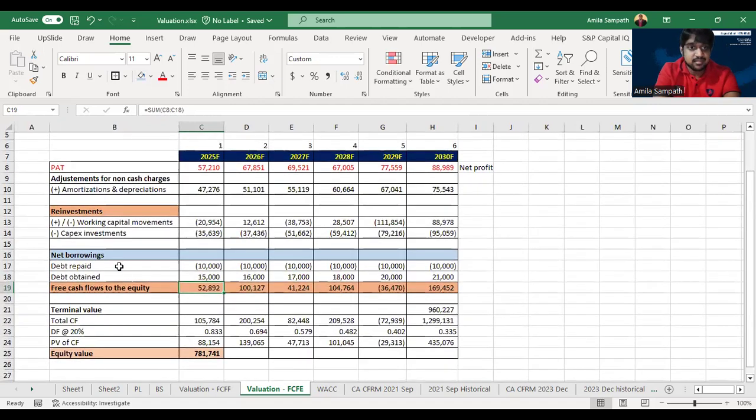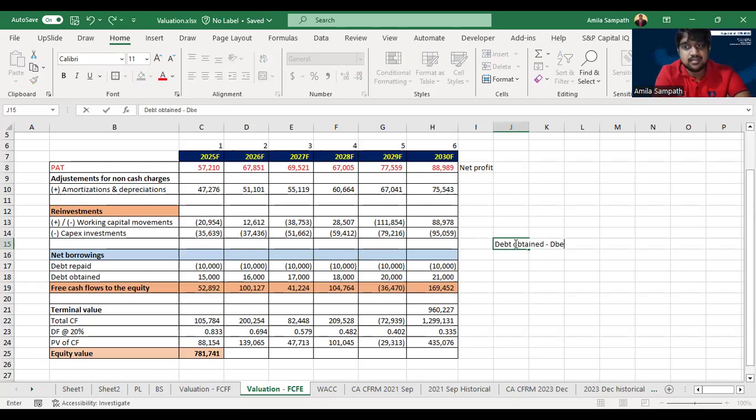This is the important adjustment. When we calculate the free cash flow to the equity, we need to adjust the net borrowings. Net borrowings mean debt obtained minus debt repaid.